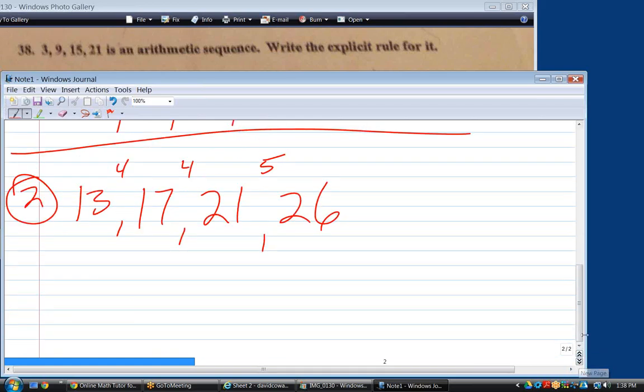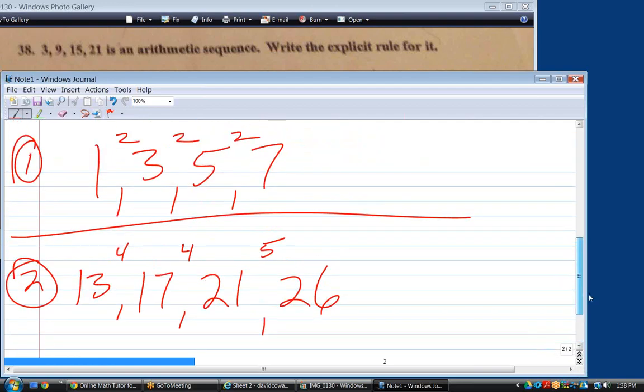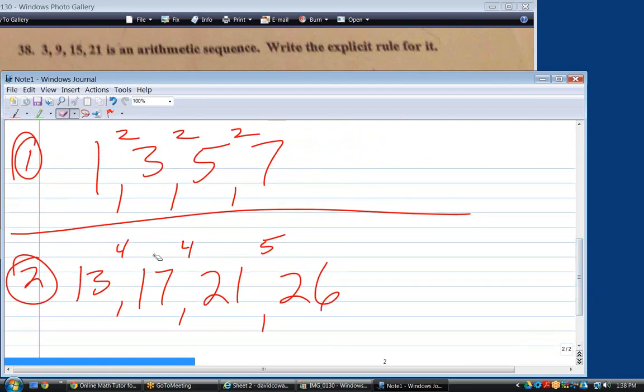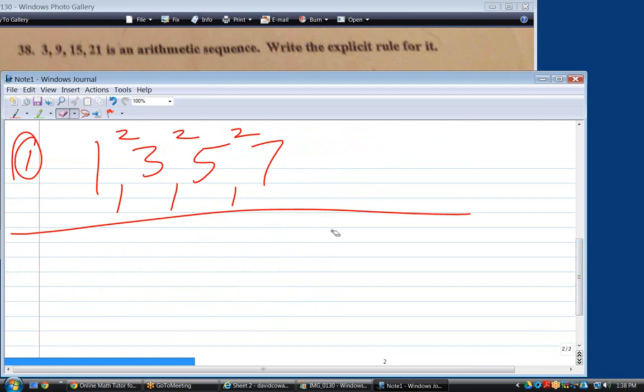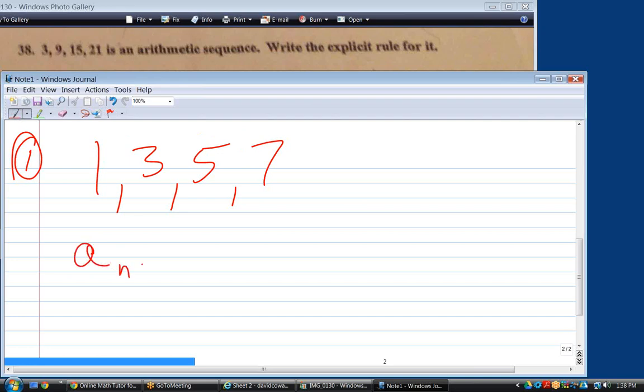It has to be exactly the same difference between every two terms. Now, if I want to list the general explicit rule for an arithmetic sequence, do you know what that is, Patrick? I know, but I forgot the rule for it.